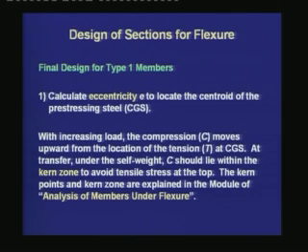We had learned earlier that with increasing load, the compressive force C moves upward from the location of the tension T at CGS. At transfer, under the self-weight, C should lie within the kern zone to avoid tensile stress at the top. The kern points and kern zones were explained in the module of analysis under flexure.